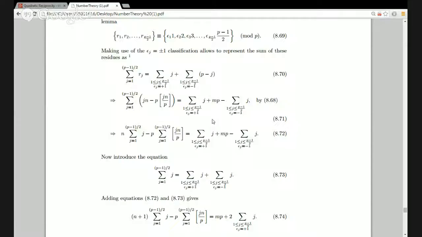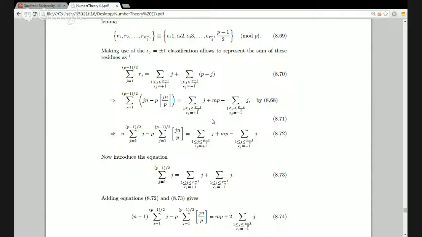In order to determine whether this is a quadratic residue modulo p, we have to add up all these things. But these things, j times q over p, are all points along a line of a fixed gradient, gradient q over p. So that steps us over into a geometric viewpoint.